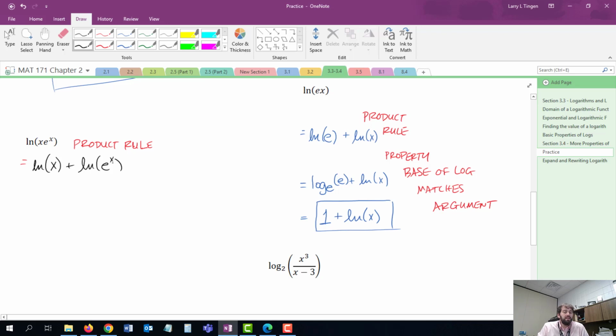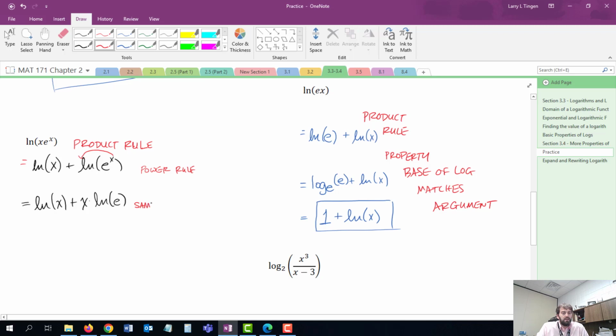The second term is not, because I have natural log of e to the x. So now I need the power rule, and the power rule says I can take this power and put it out front. So then I have the natural log of x plus x times the natural log of e.